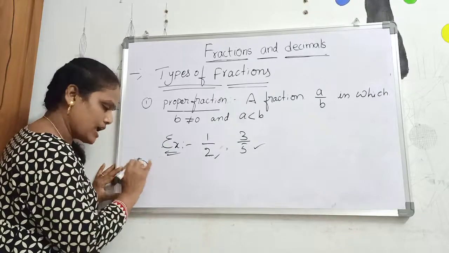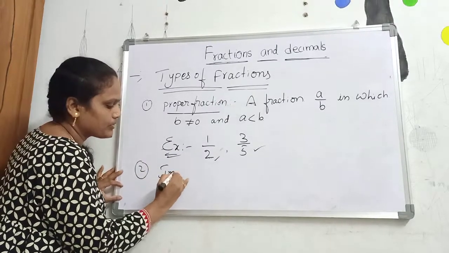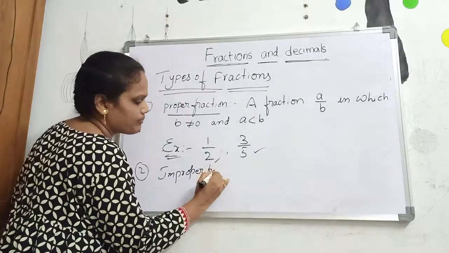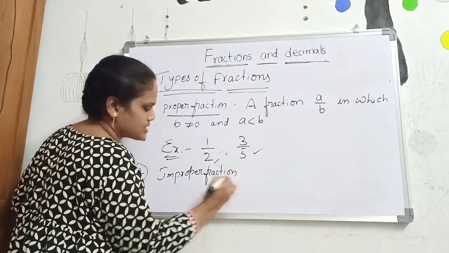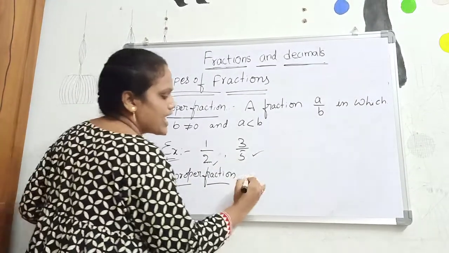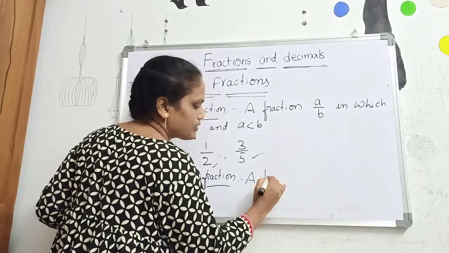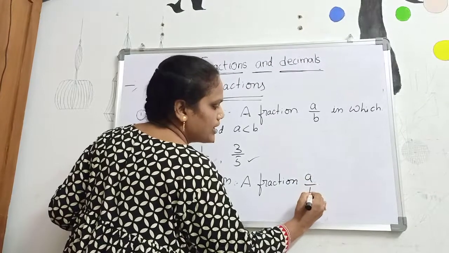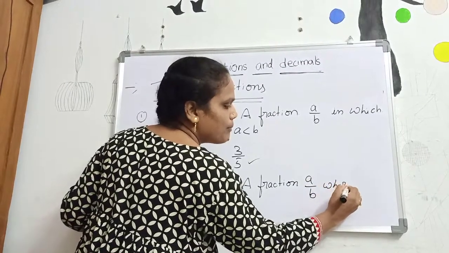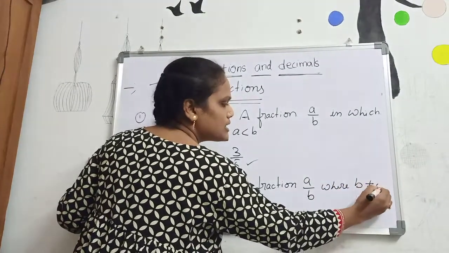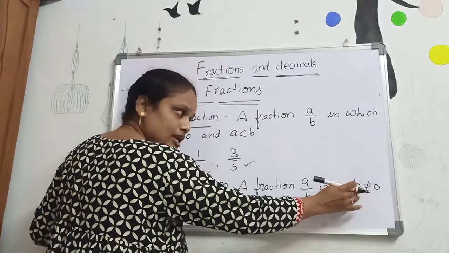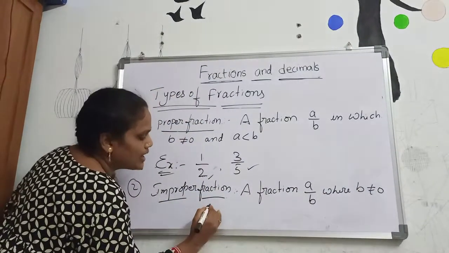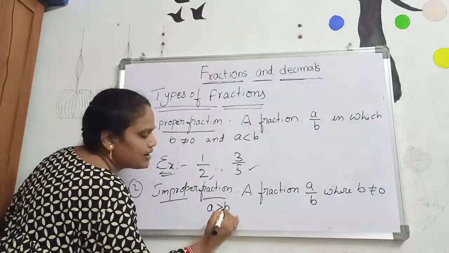Second one is the improper fraction. A fraction, the same a by b, where b is not equal to 0, this condition should be there. Only then is this number called a fraction, and a is greater than b.